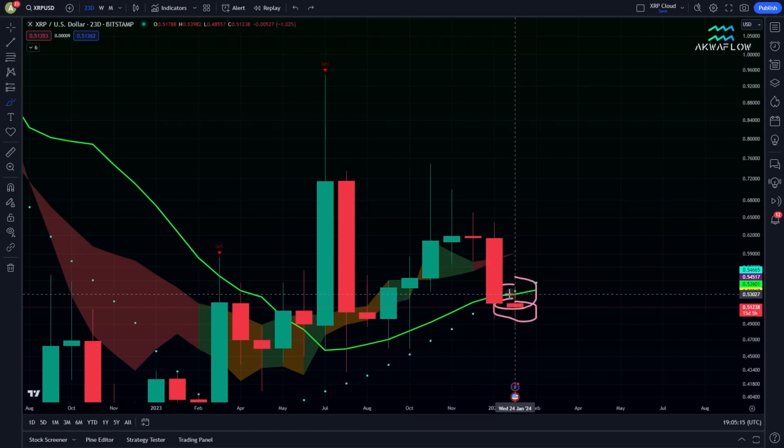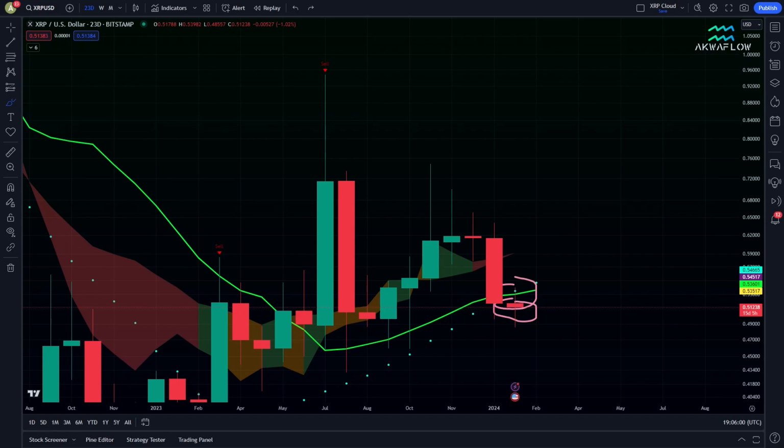This means that this candle will be very, very important. If we close below the green line and below the bull market support and below the cloud, it would be very bearish. So to sum it up, you understand that we are in a very, very critical phase right now.